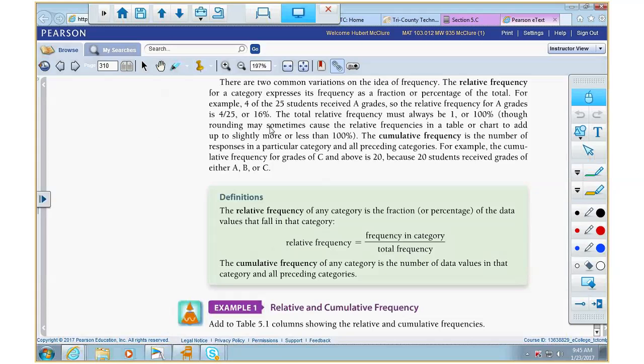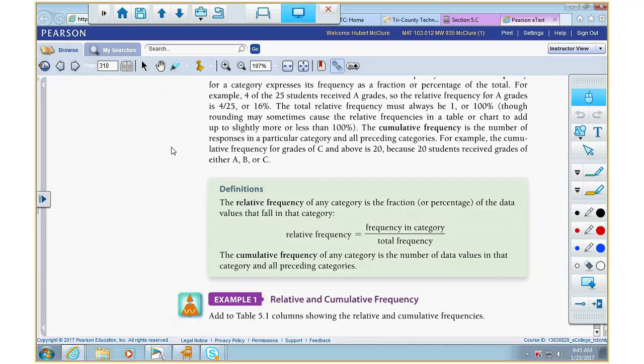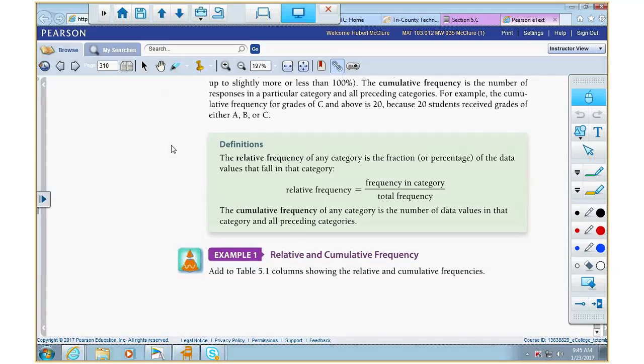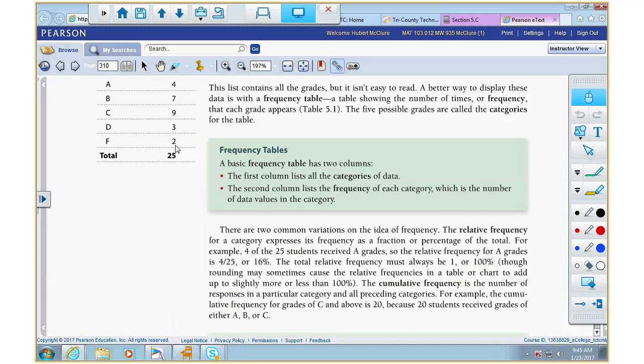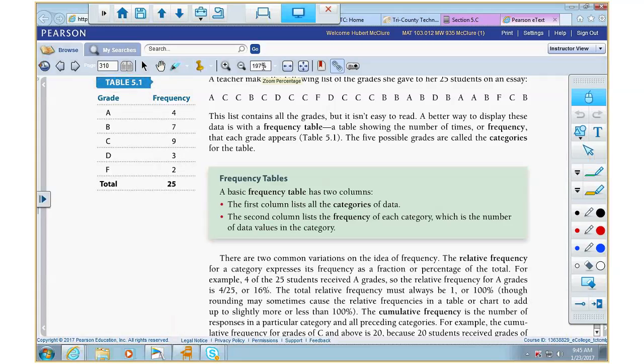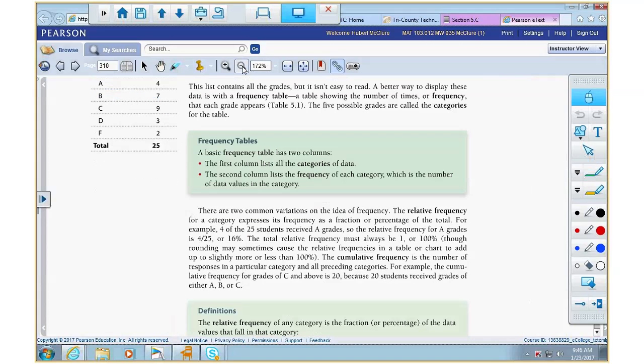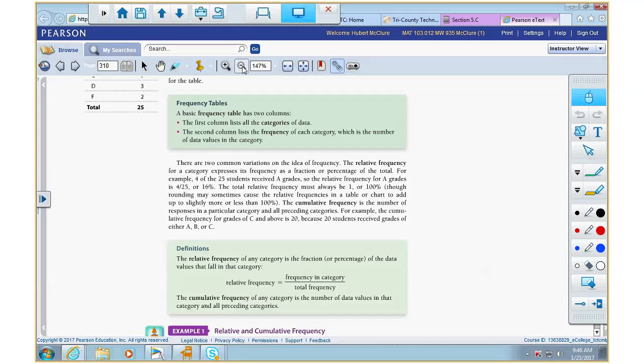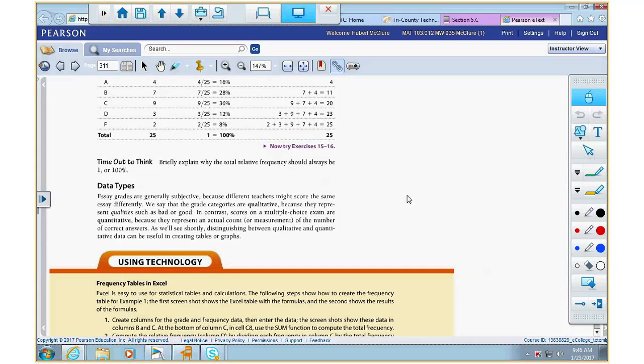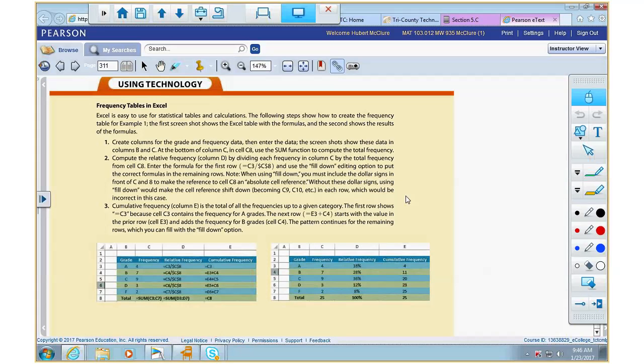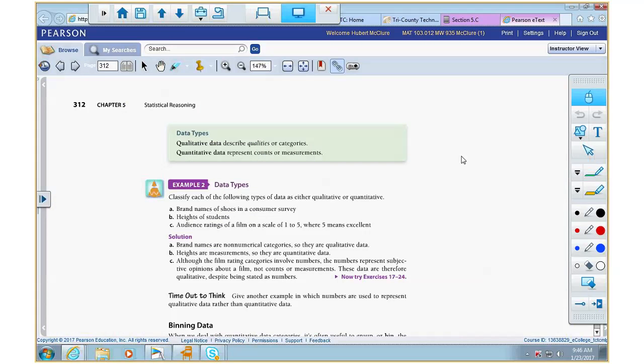Sometimes you multiply that by 100 to get a percent. Sometimes they just want a decimal, so make sure you read the directions whenever you're talking about a relative frequency and what type of answer they want. Okay? And I will show you how to use Excel in just a few minutes when we go over one.